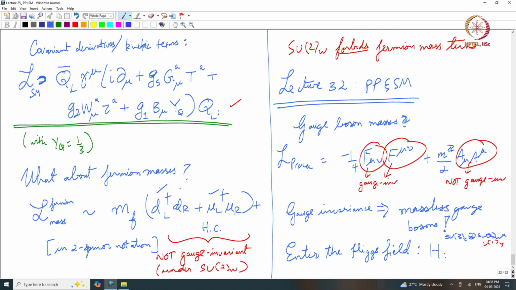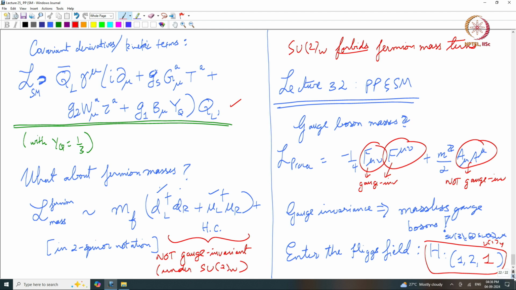The Higgs field transforms as a 1, okay. Most importantly a 2, it is a doublet under SU(2), it feels the weak force, okay. And finally the hypercharge turns out to be 1, okay. That is the field, okay.